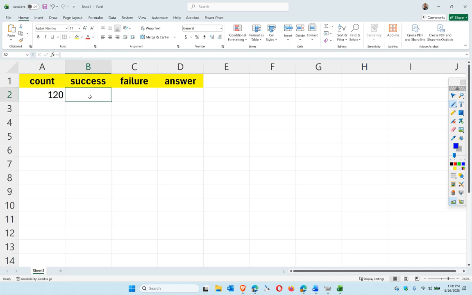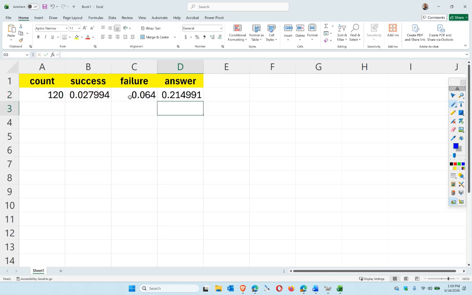Let's see. So the success rate is 60% to the 7, right? And this one is 40% to the 3rd. Okay, so failure percentage, success, and the number of ways it could happen, right? So click times click times click.